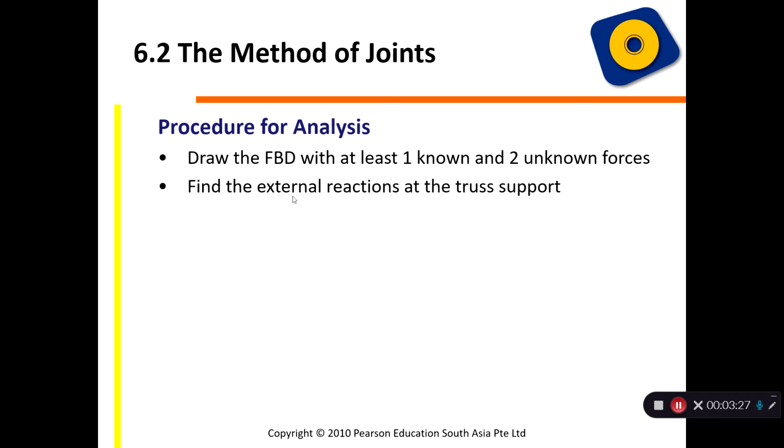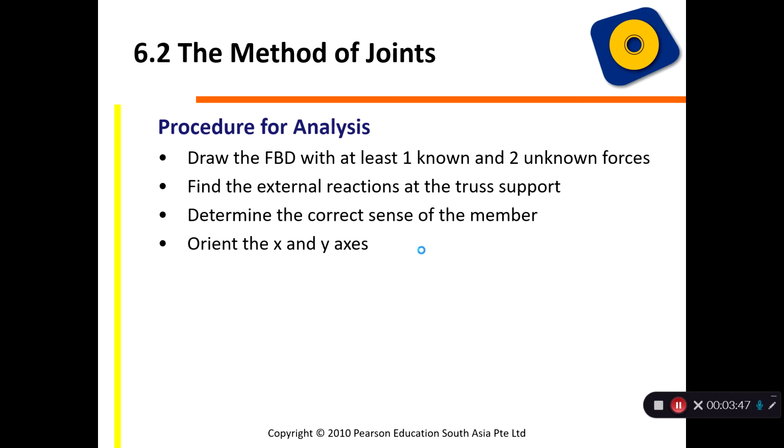Next, find the external reactions at the truss support. So we also need to include the reaction forces. This is chapter 5. And then we determine the correct sense of the member, which is either tension or compression. This is the assumption that I told you I would explain.